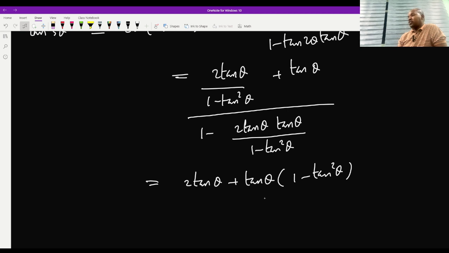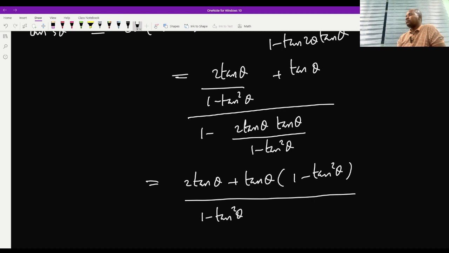The denominator 1 minus tan square theta is common, so I'm going to ignore it because later on it's going to cancel with the other denominator, over 1 minus 2 tan squared theta.